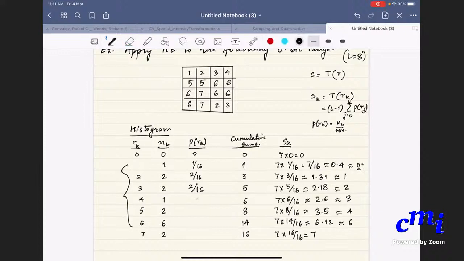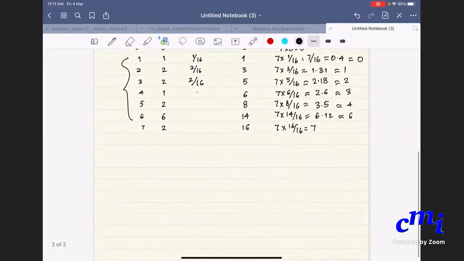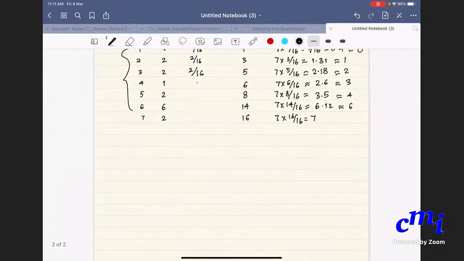Now this image, or let me just draw it again. So the output image will be as follows.